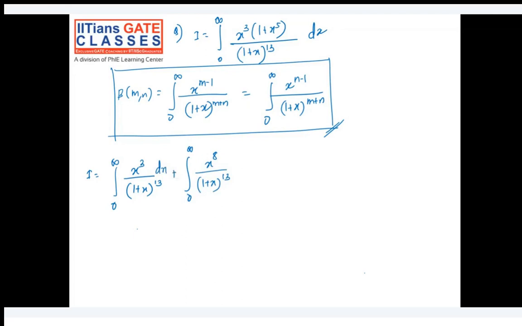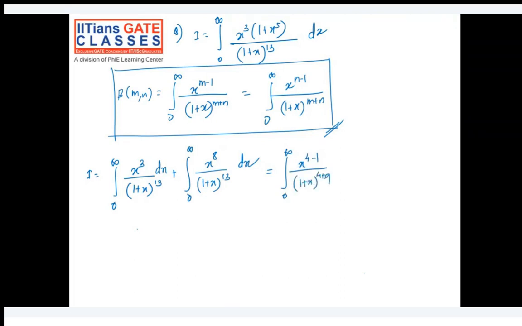Okay, and then integration 0 to infinity, I can write it as x raised to 4 minus 1 divided by 1 plus x raised to the power 4 plus 9, right?